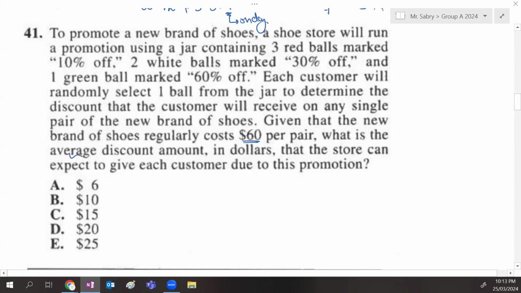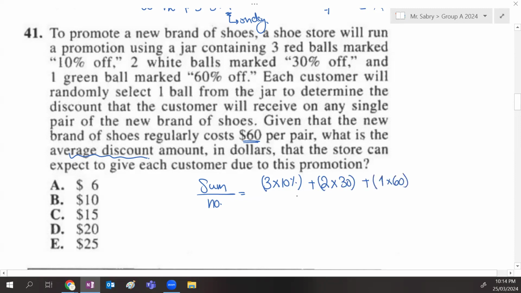So they need the average discount. The average, as I know it, is supposed to be the sum over the number. To get the sum of the discounts, I multiply each discount by the number of times it repeats: 3 times 10% plus 2 times 30 plus 1 times 60.